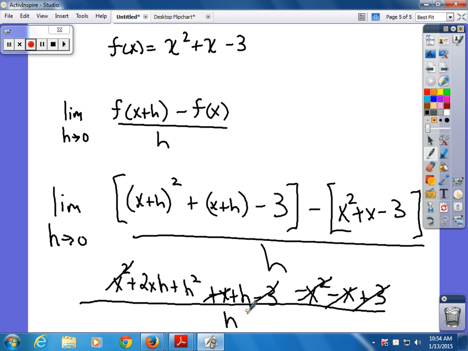I'm going to go to the next page, but basically you're going to have, let me write this up here so I can copy it. You're going to have 2xh plus h squared plus h, over h.